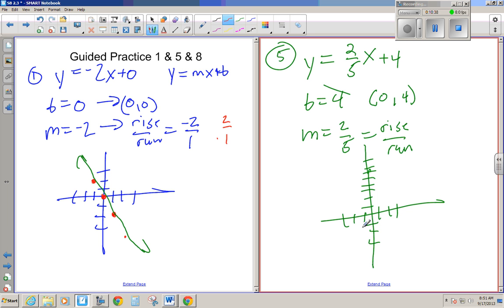Plot the point. 0, 4, 0, 1, 2, 3, 4. The rise is 2, 1, 2. The run is 5, 1, 2, 3, 4, 5. And with just 2 points, you can draw your graph.